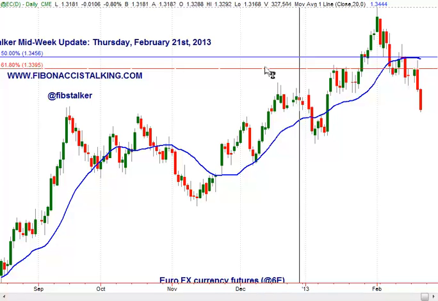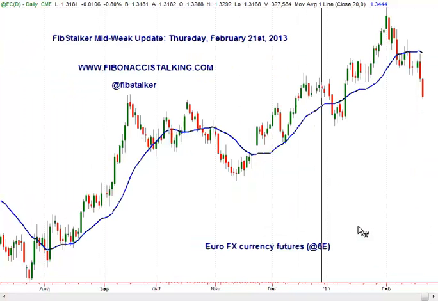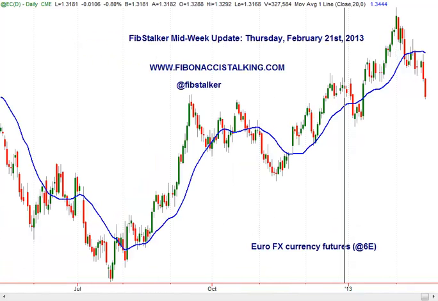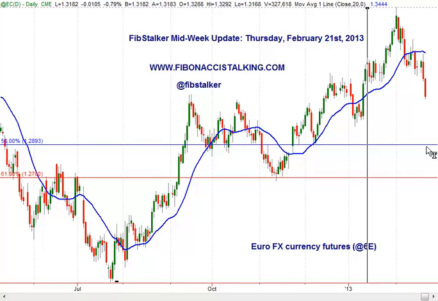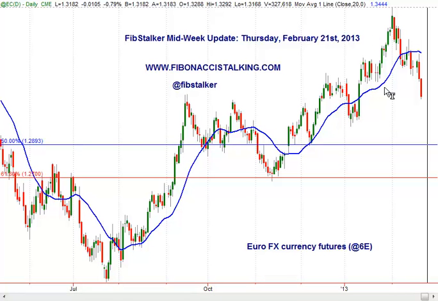So at the moment we know that we can retrace all the way halfway back into the 129 level, and that's where I anticipate price will end up this correction maybe in 1 or 2 weeks time.